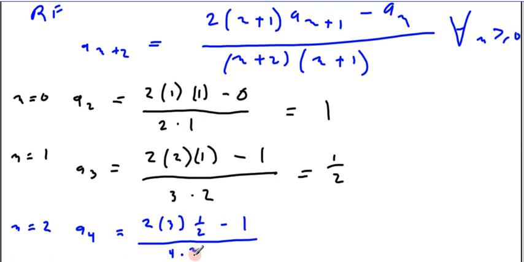So I get 3 minus 1 is 2. 2 into 12 is 1/6. So I get a4 is 1/6.